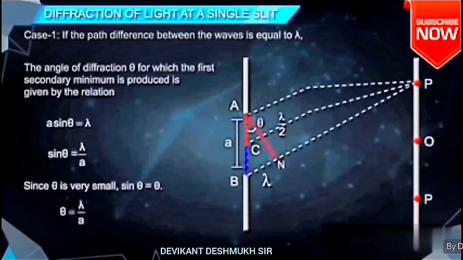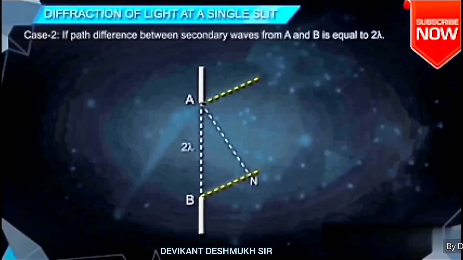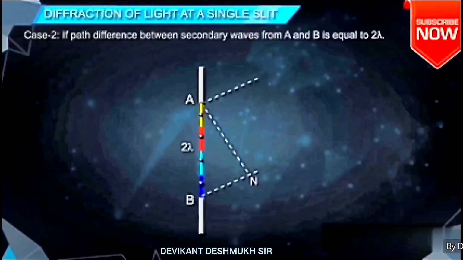Now for case 2, if the path difference between light from A and B at P is 2 lambda, then the wavefront is divided into 4 equal parts. The light from two successive parts of the slit interferes at P destructively due to a path difference of lambda by 2.